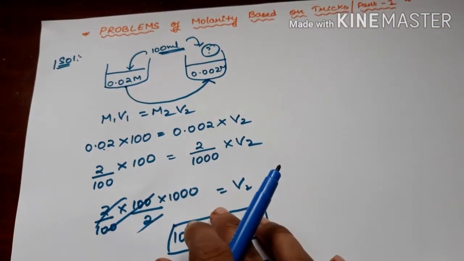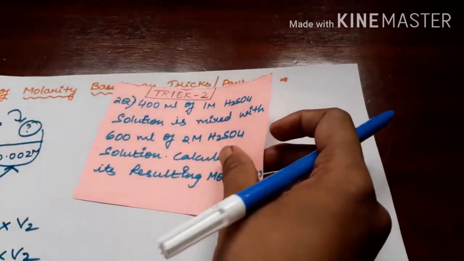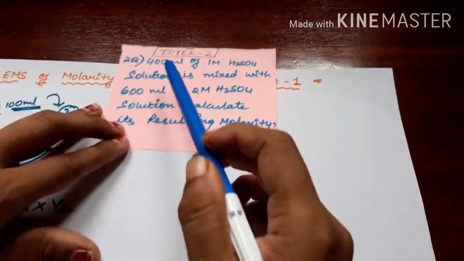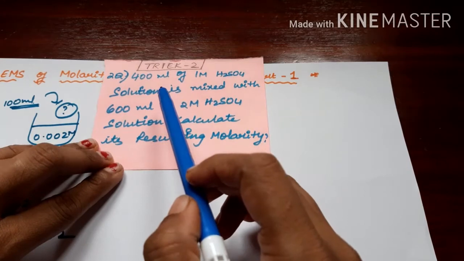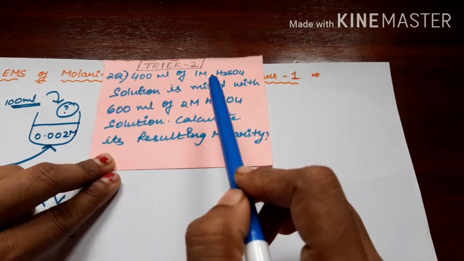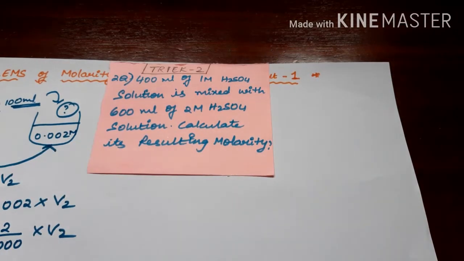Now observe the second question. Based on trick 2, I have prepared the second question, which was given in a previous year Eamcet exam paper. 400 ml of 1 molar H2SO4 solution is mixed with 600 ml of 2 molar H2SO4 solution.